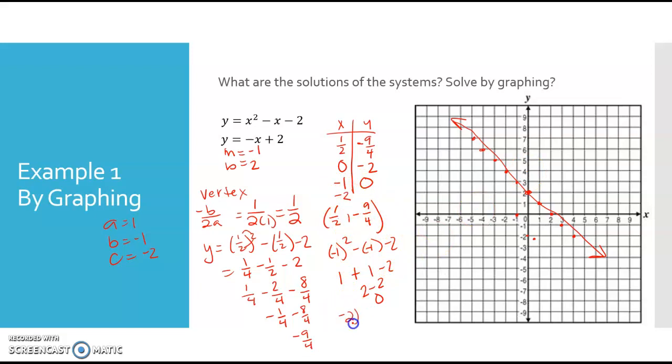Negative 2 squared minus a negative 2 minus 2 gives 4 plus 2 minus 2, which is 4. So at negative 2, we would be at a positive 4. Now I'm going to graph that one, negative 2, positive 4.